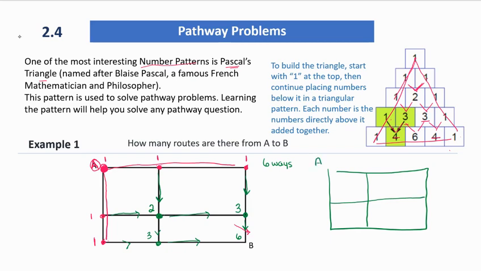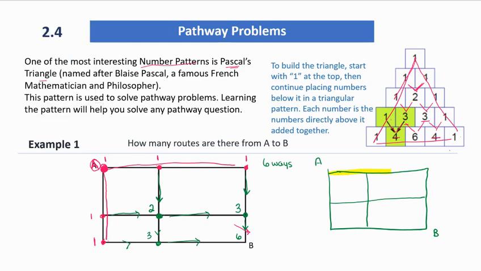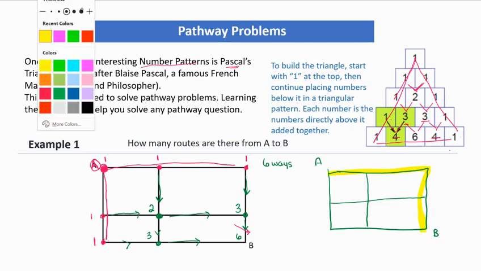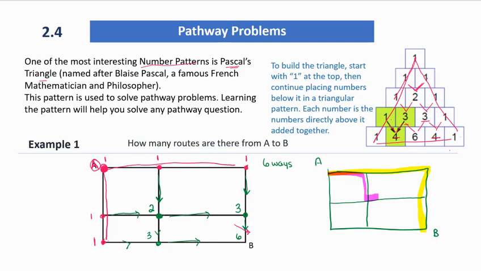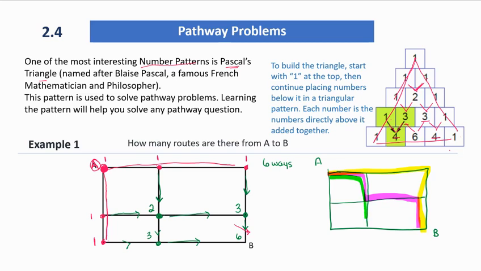If I were to draw this out and just show you the number of ways to get from A to B, I'll show you what it's asking us to do. I'm just going to use some different colors to show you. I could go from A to B taking this route. I could go from A to B taking this route. So that's 2 ways. I could go this way. That's the third.